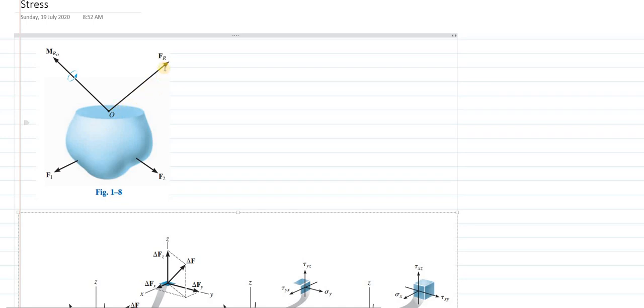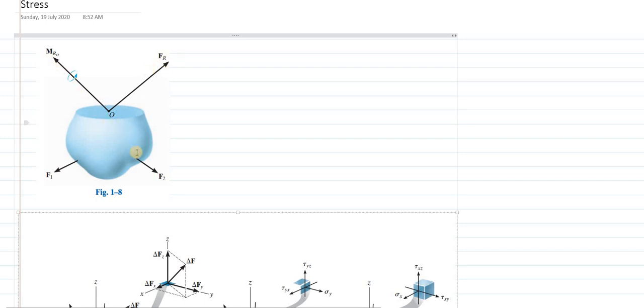So we have said that FR and MR are in fact the resultants of the internal loadings that are developed. We haven't yet talked about the exact shape of distribution of those internal loadings, but we have shown their resultants only. One is a force and one is a moment.